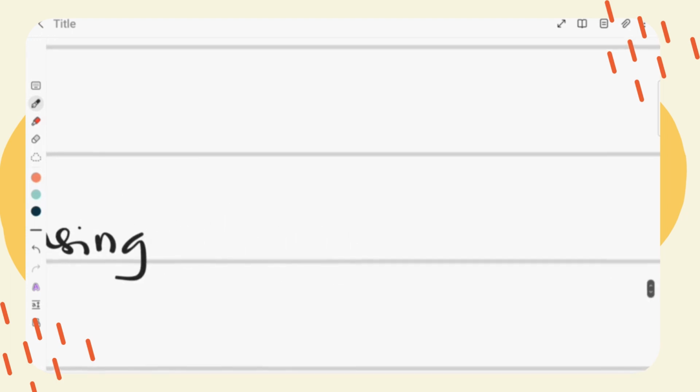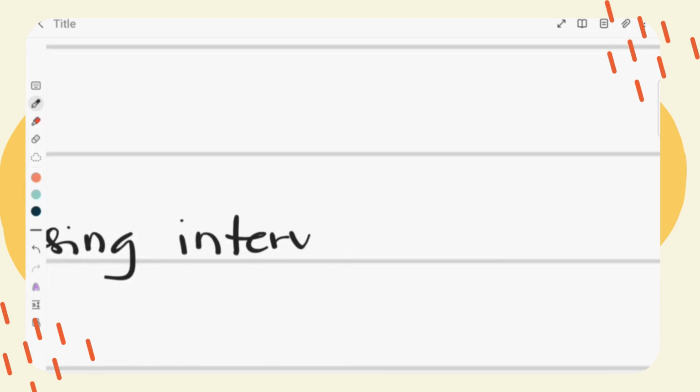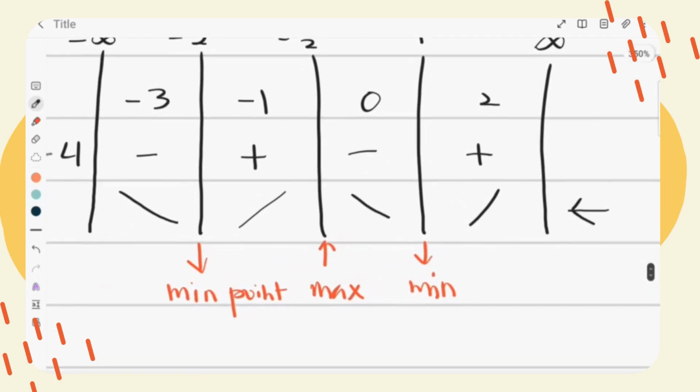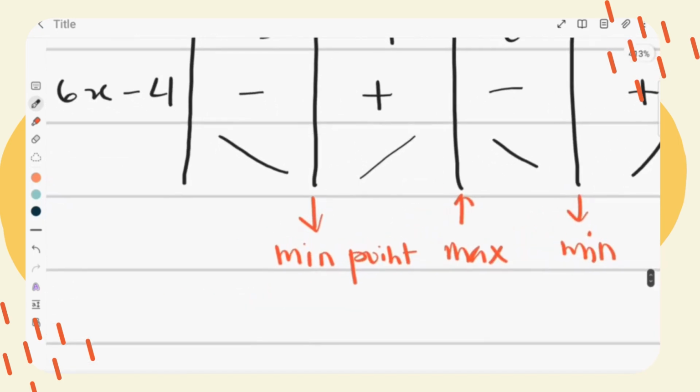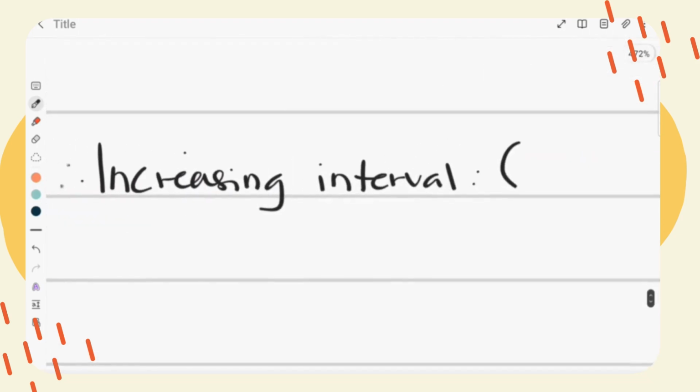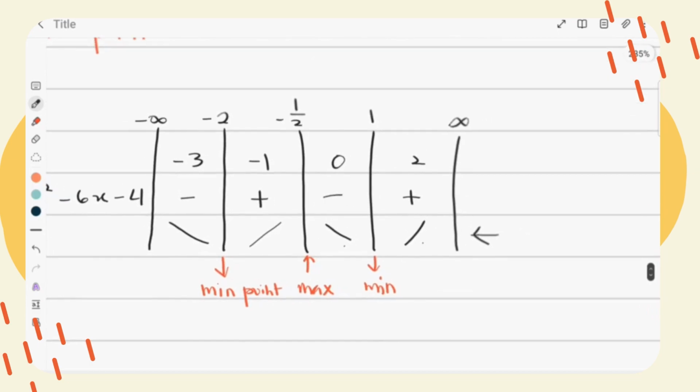So for the increasing interval, if we see at this monotonicity, this monotonicity is decreasing, and this decreasing, and this increasing. So the increasing interval is between -2 and -half, and 1 to infinity.